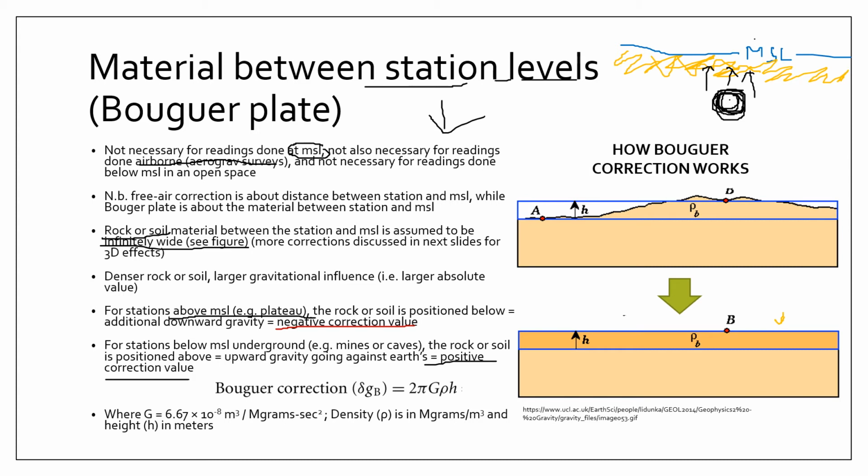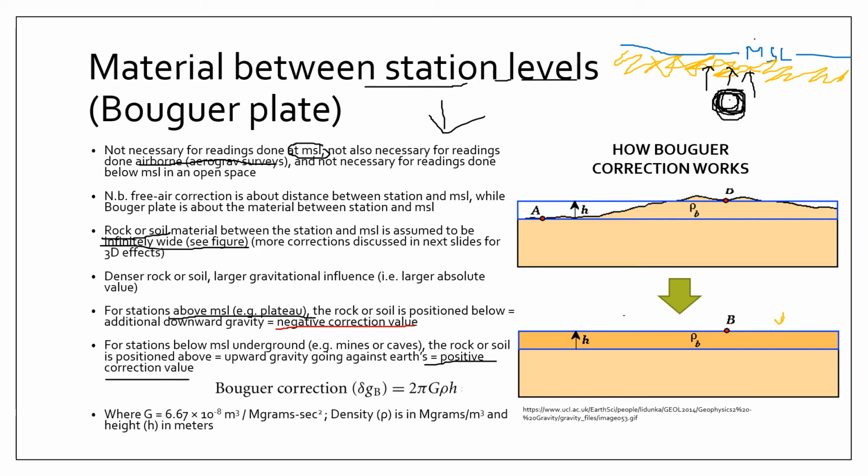So now the formula for the Bouguer plate correction is basically 2 pi times G, big G, sorry, times rho, the density of the Bouguer plate or the rock or soil, and then the height or the thickness, right?